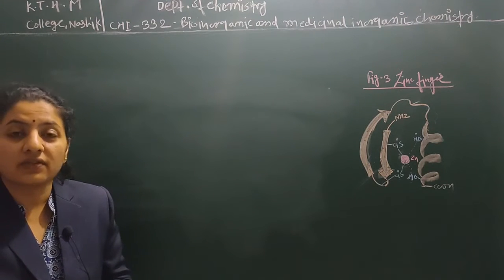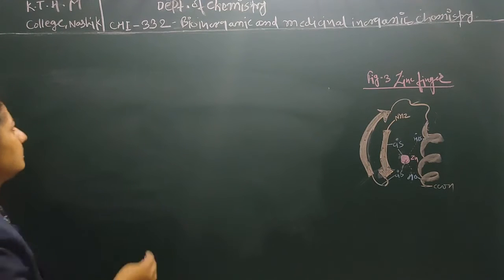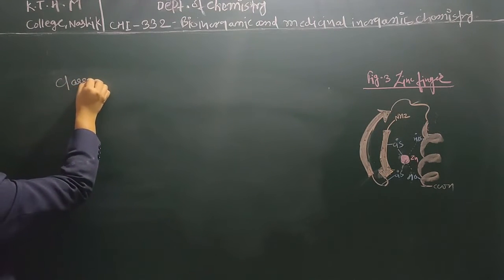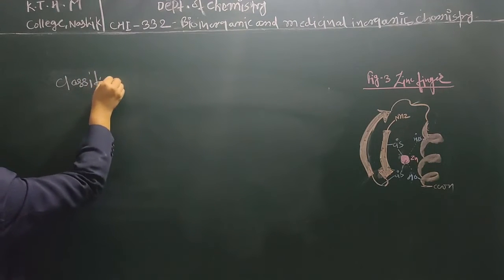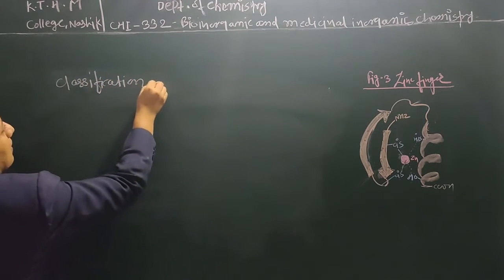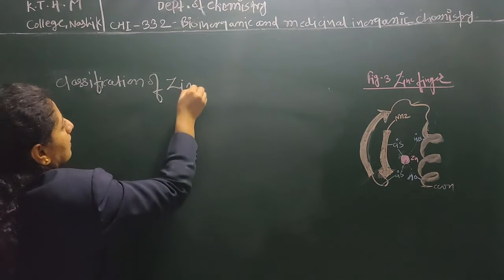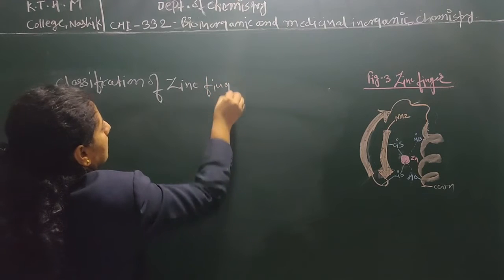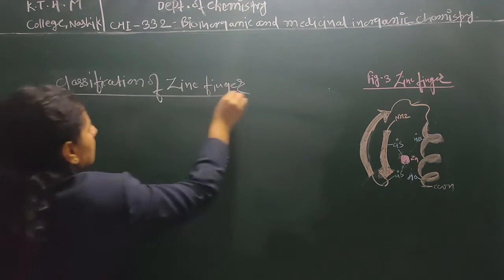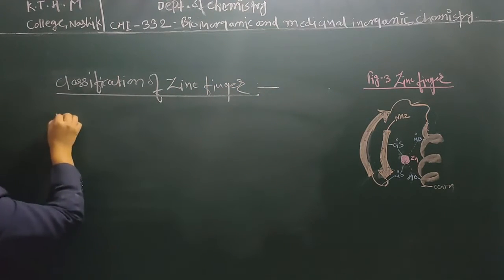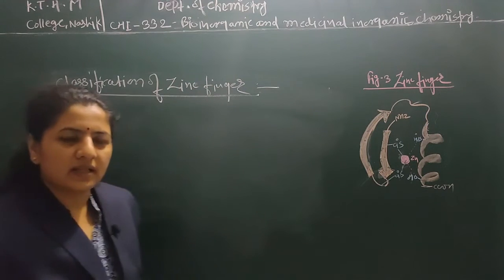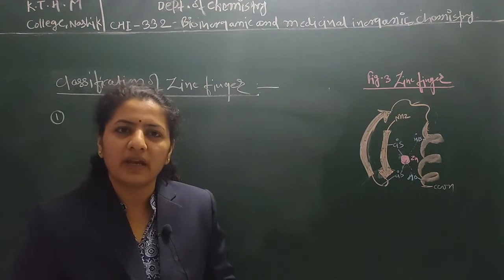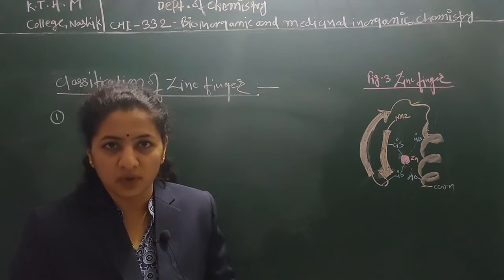Now let's discuss the classification of zinc fingers, or the classes of zinc finger. Actually, zinc finger is classified into various families, but it is mainly classified on the basis of fold group domains.